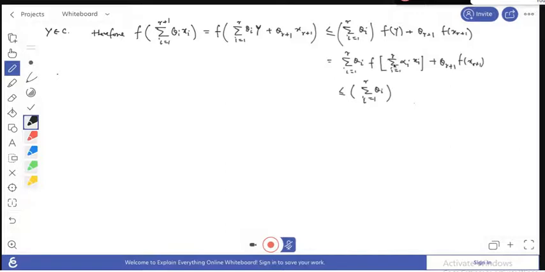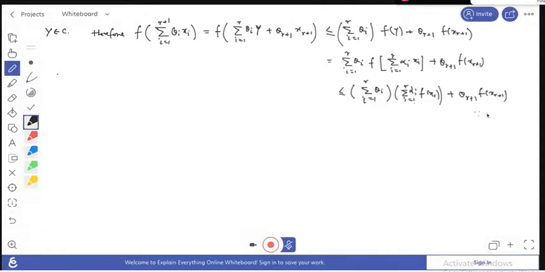If m equals r is true, then we apply this formula here. So you can write this in the form of the summation i equals 1 to r of alpha i f of xi, because this condition is true for i equals r. Okay, and this plus theta r plus 1 f of x r plus 1.